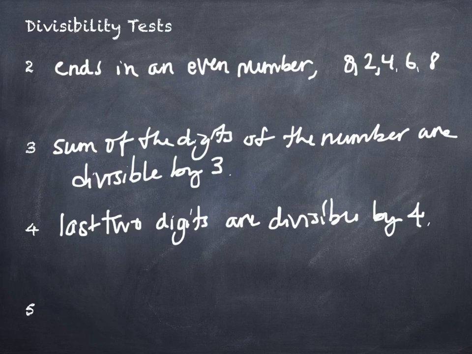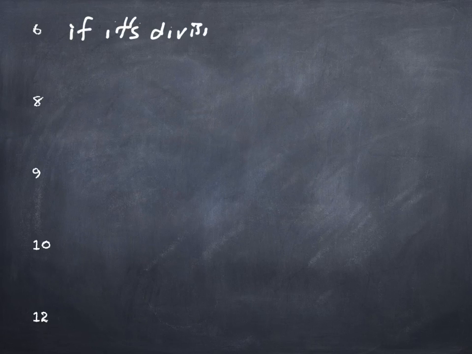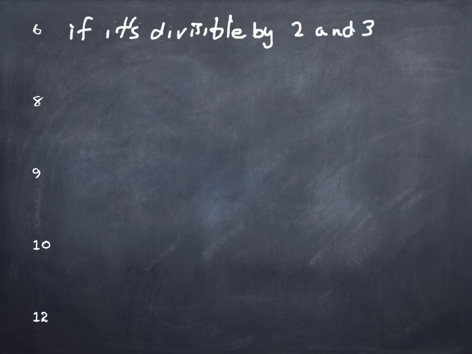A number is divisible by 5 if it ends in a 0 or a 5. A number is divisible by 6 if it's divisible by 2 and 3.